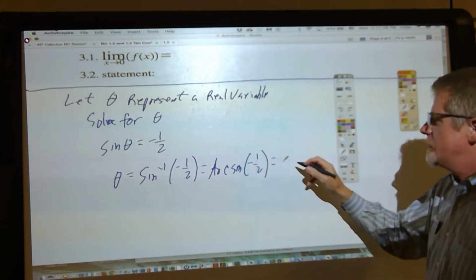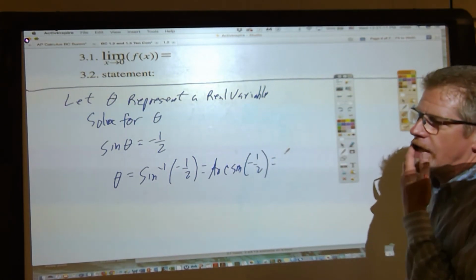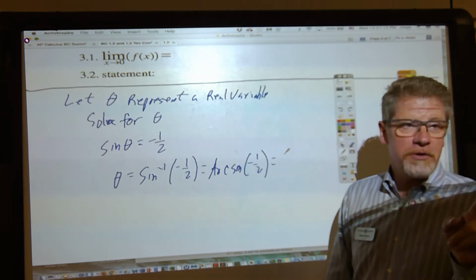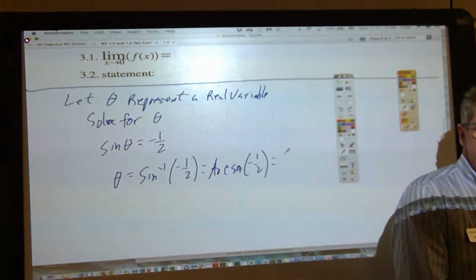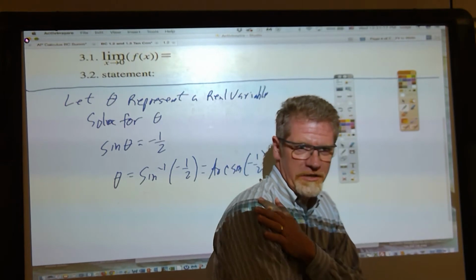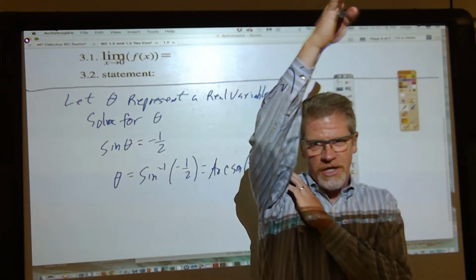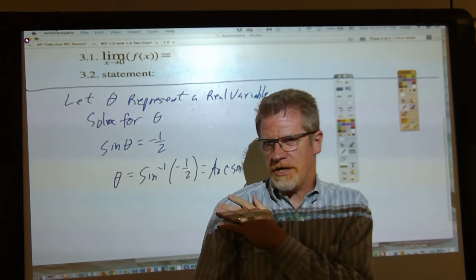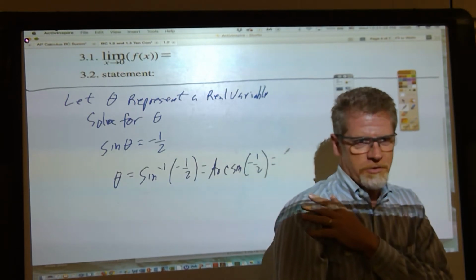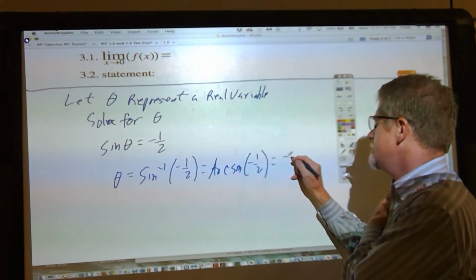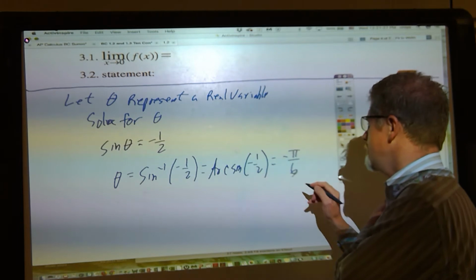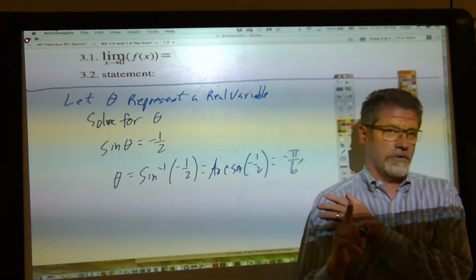I do expect you to go further. Keep in mind, remember arc sine? The range of the arc sine function goes from -π/2 to +π/2. So technically 11π/6 is not arc sine of -1/2. Arc sine of -1/2 is -π/6. So that's a nice thing to review.